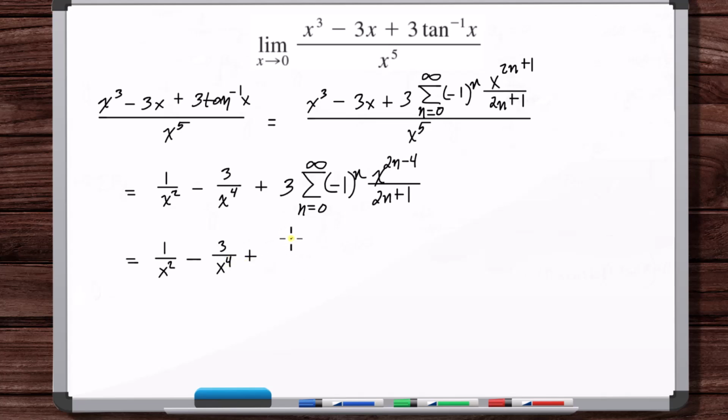Okay, now let's just do this here. When n is equal to 0, it's positive, so it's positive 1, x to the minus 4 over 1. And with the 3, you get minus, and then when n is equal to 1, you've got x to the minus 2 over 3.